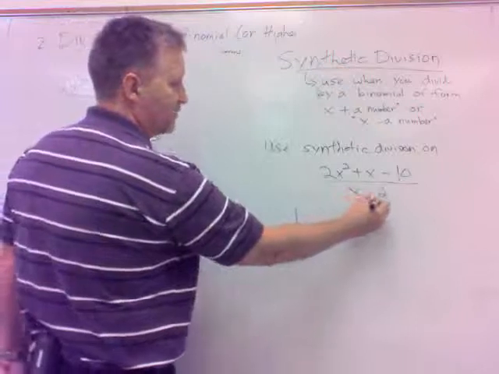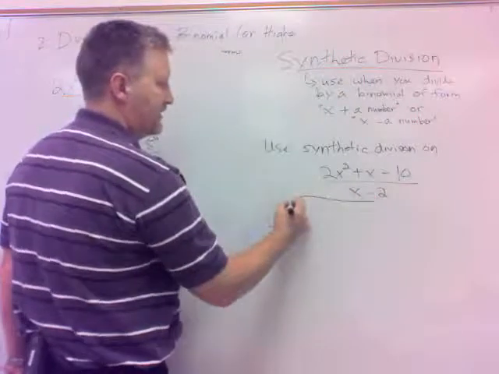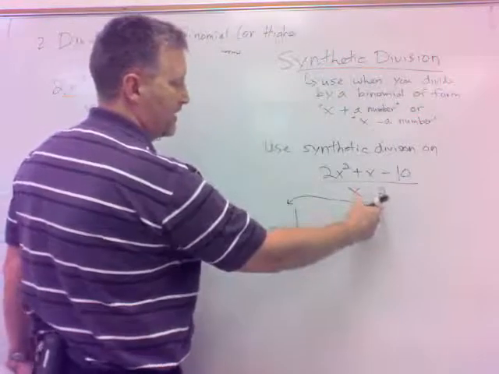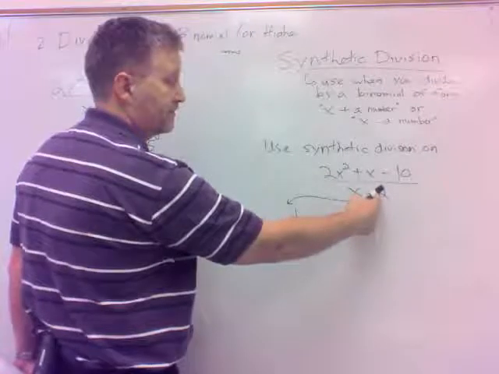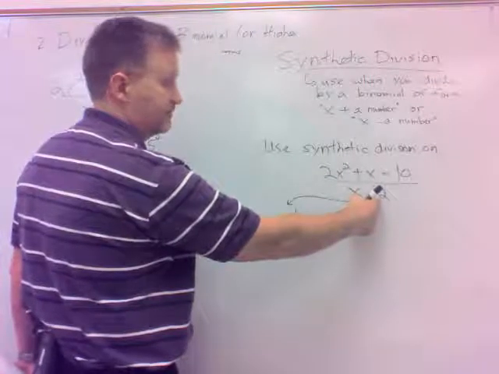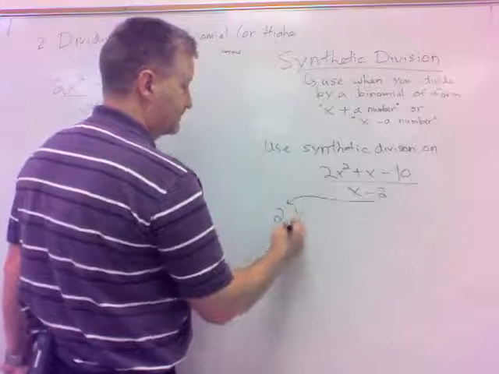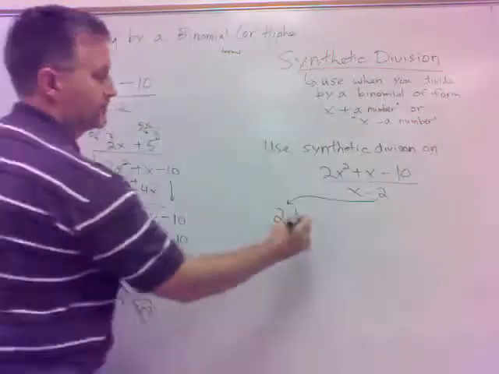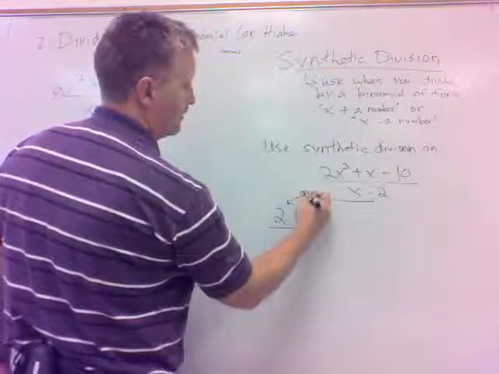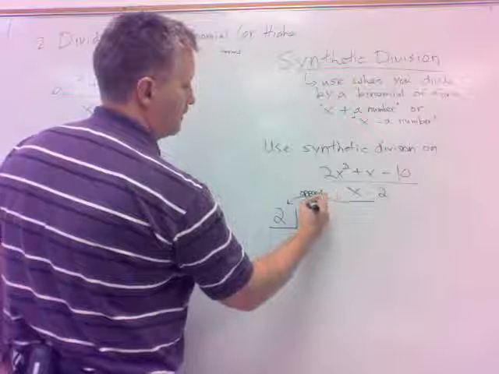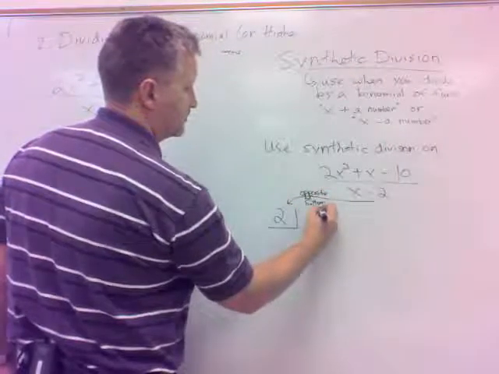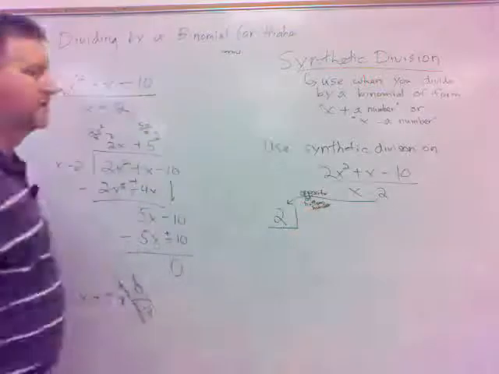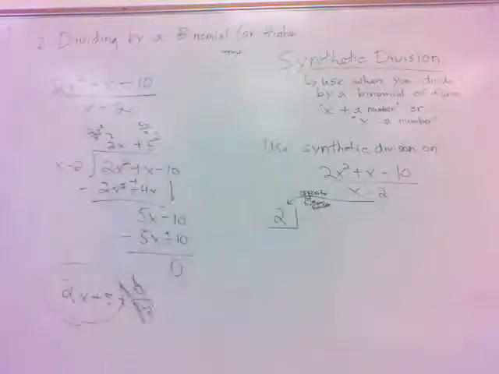And what I'm going to do is put one number in that, and the number I'm going to put in that is not minus 2, but positive 2, the opposite of the number of that binomial. So the opposite of the bottom number. That's what I put in that backwards L. Okay?